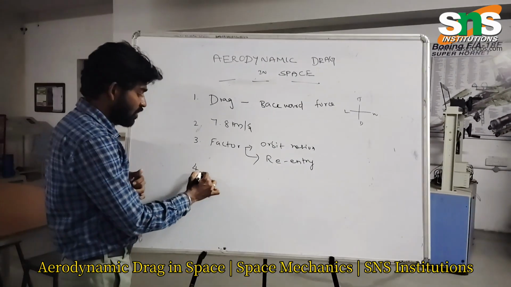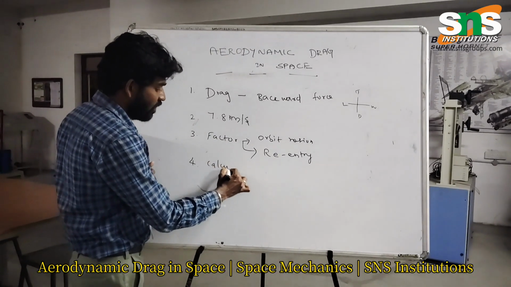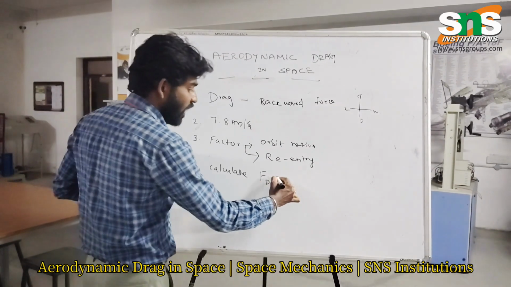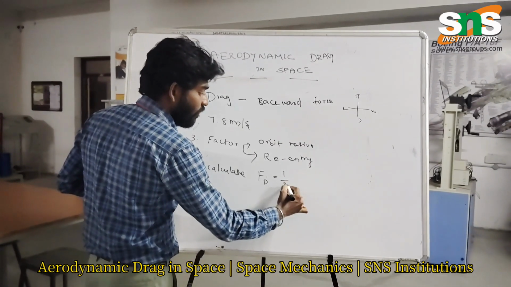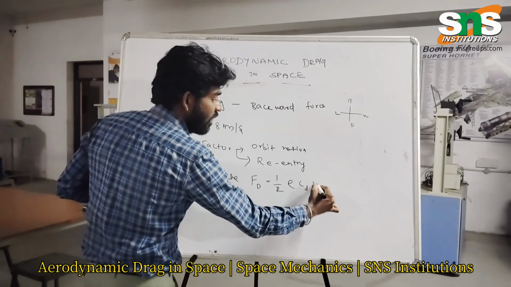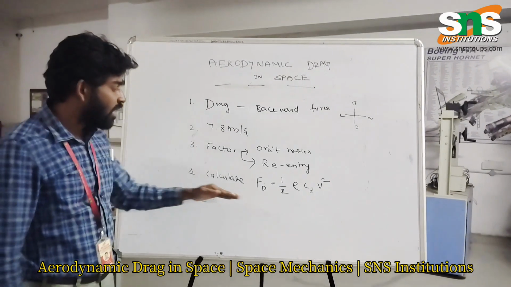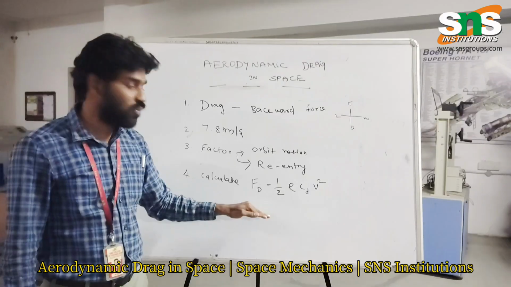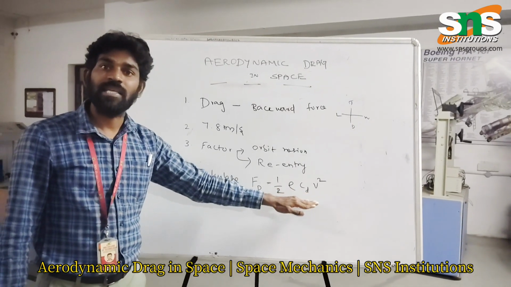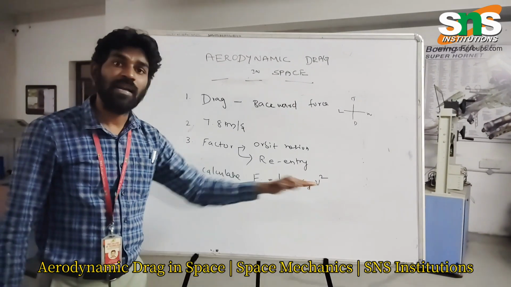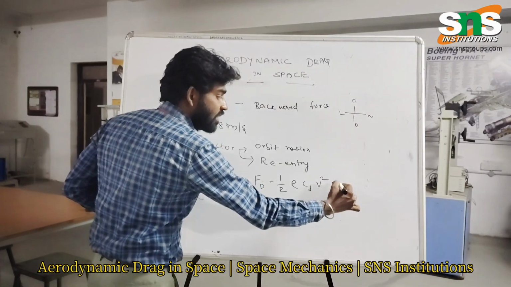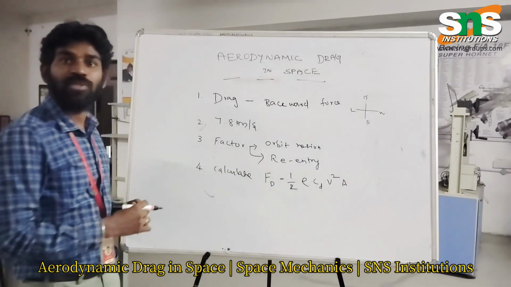The drag force is calculated by the equation Fd equals half rho Cd A V squared. Here Fd is the drag force, rho is the density of the air, Cd is the drag coefficient, V squared is the velocity squared, and A is the area of the object.